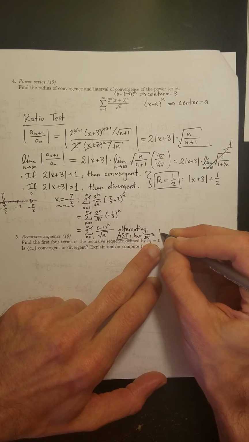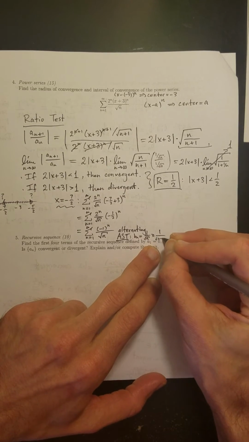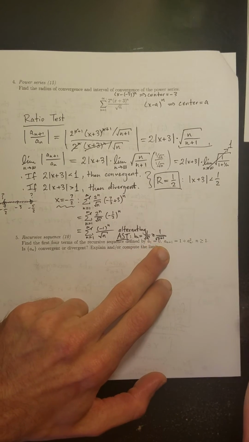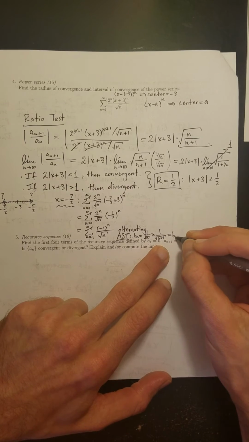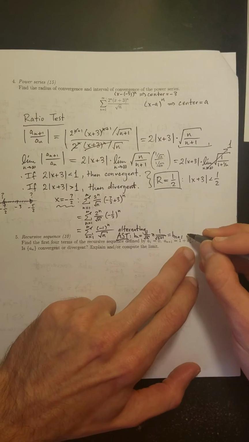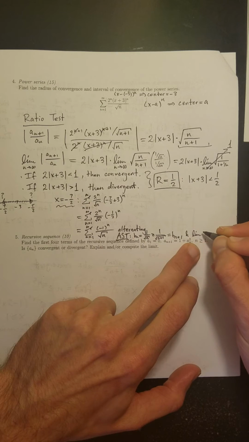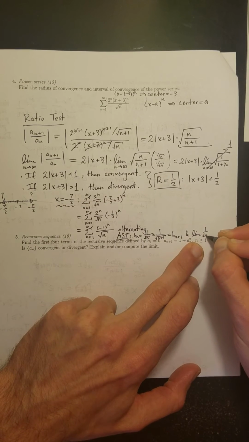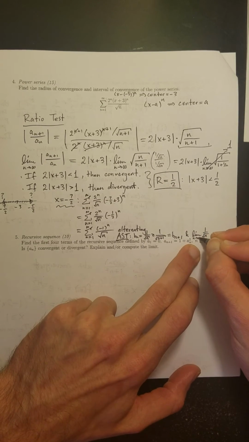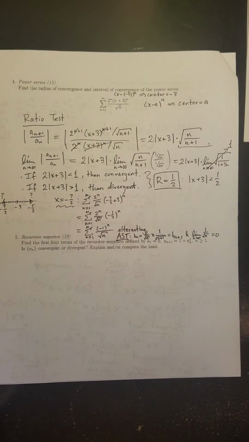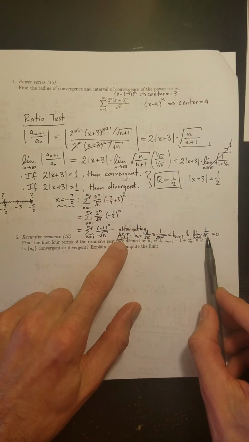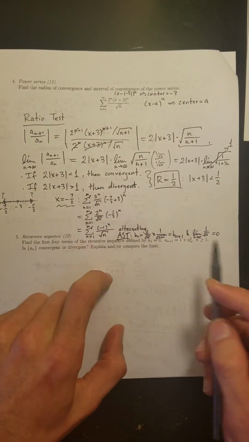So we know that this is greater than the next term, because if I make the denominator larger, that just makes it smaller. So this is our n plus first term. And also the limit of 1 over square root of n as n goes to infinity is certainly equal to 0. So the alternating series test will tell us that this is indeed convergent.